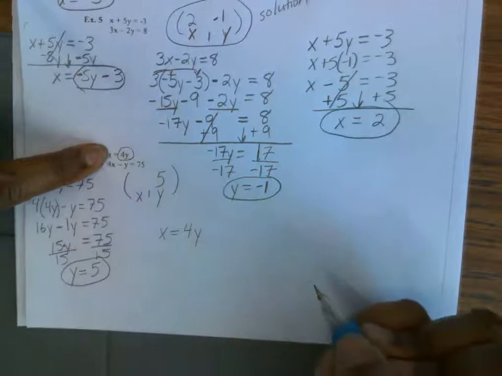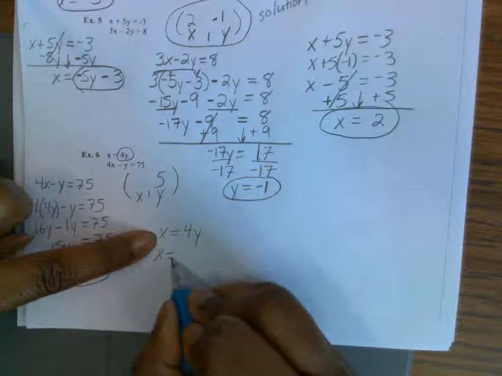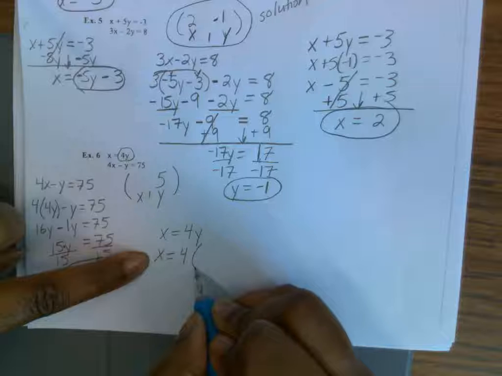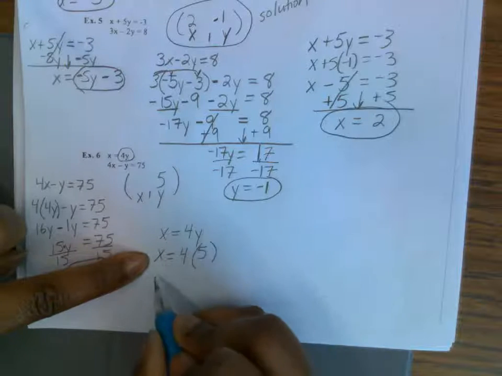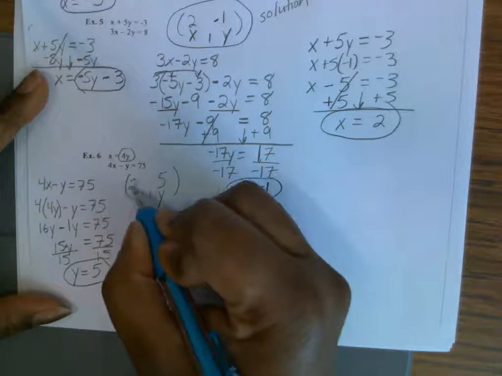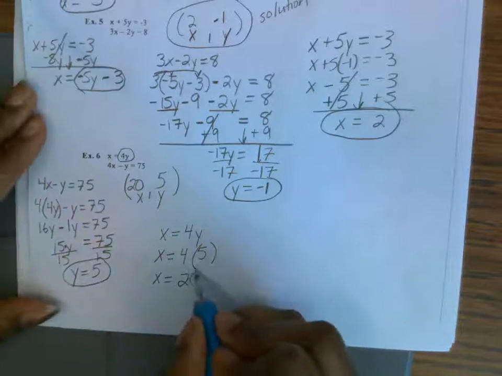And I'm going to replace y with 5. So this gives me x is equal to 4 times 5. So x here is 20. Okay. Any questions about that?